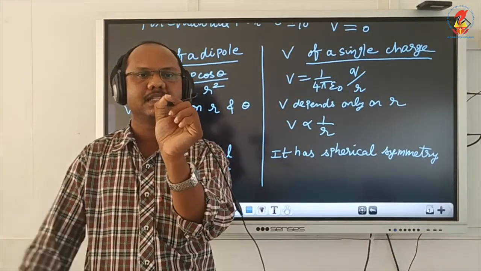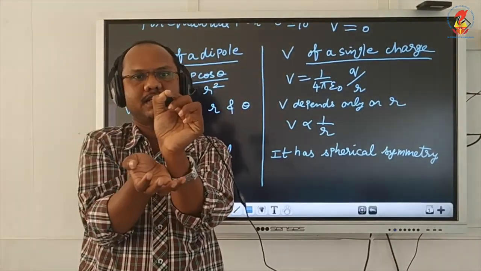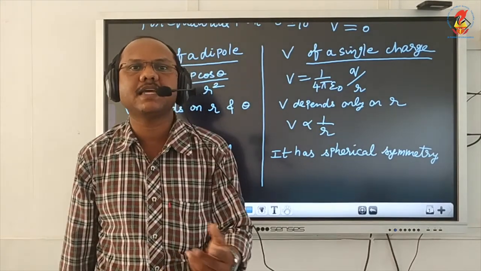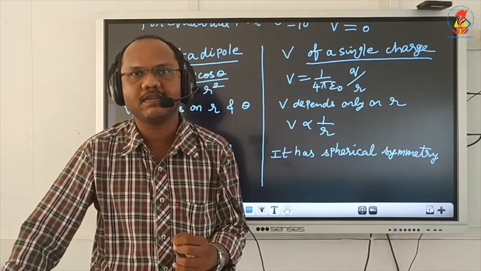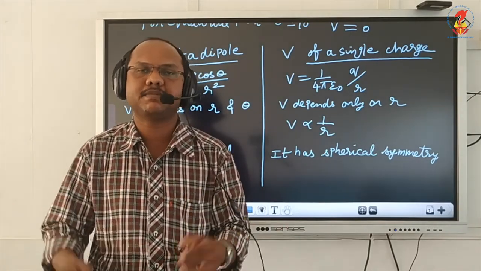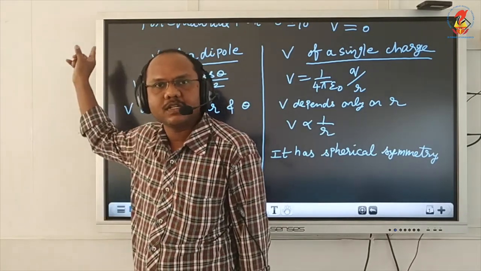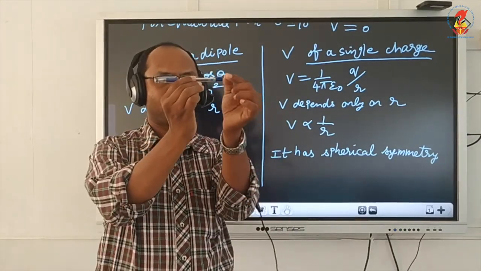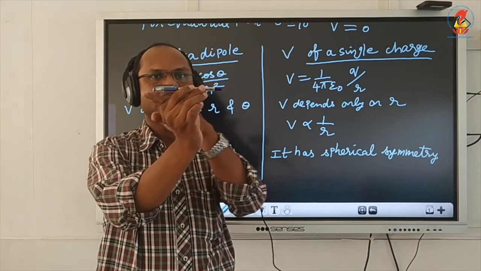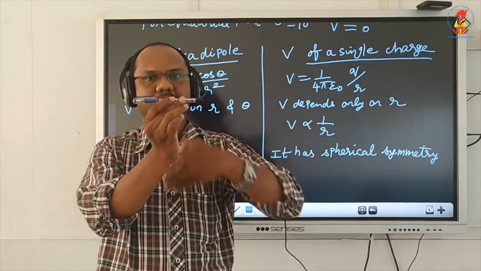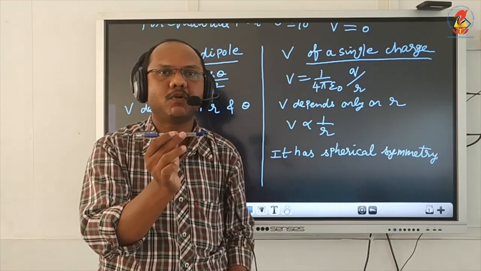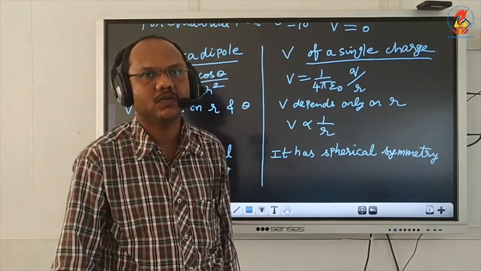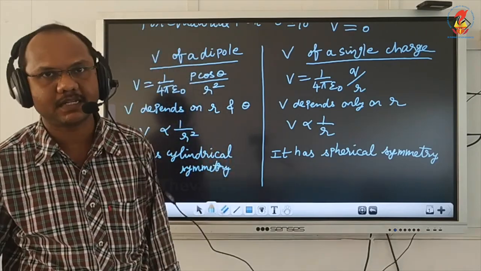If I take a point charge and imagine a sphere, everywhere on that sphere the potential will have the same value and the electric field also has the same value. That is called spherical symmetry. And what is meant by cylindrical symmetry? I take a dipole, one negative charge here, one positive charge here. So assume a cylinder which surrounds the dipole. Everywhere on that cylinder the potential has the same value. That is why it is called cylindrical symmetry.